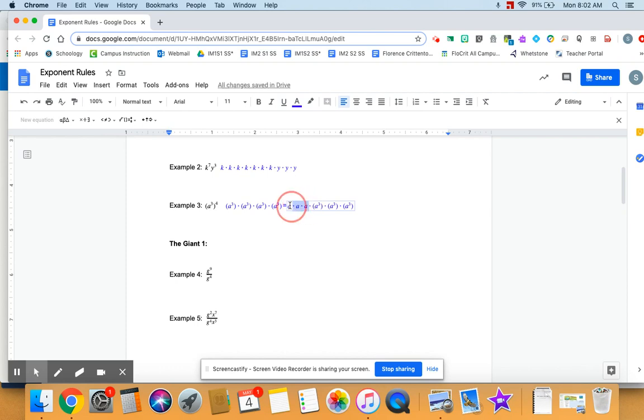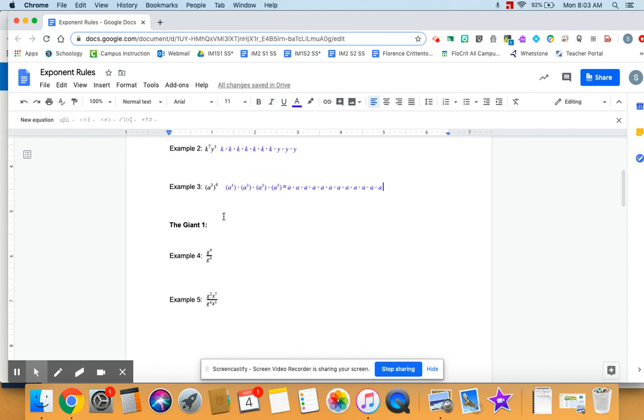So each one of these little a to the power of 3's, I'm going to replace with 3 more a's being multiplied to itself, because that's what it means. And so now, if I were to count, that's 1, 2, 3, 4, 5, 6, 7, 8, 9, 10, 11, 12. So this one has a total of 12 a's being multiplied together when it looks like this.